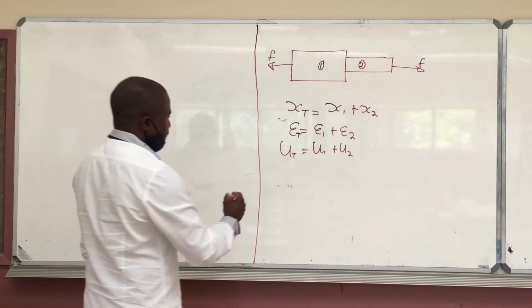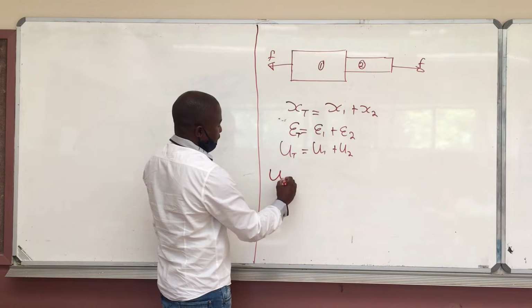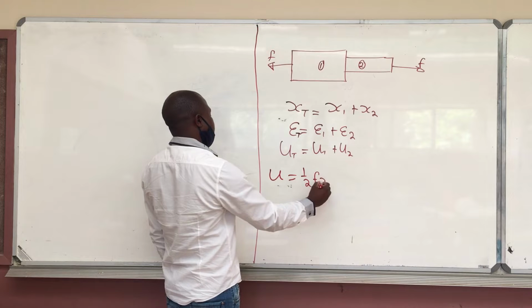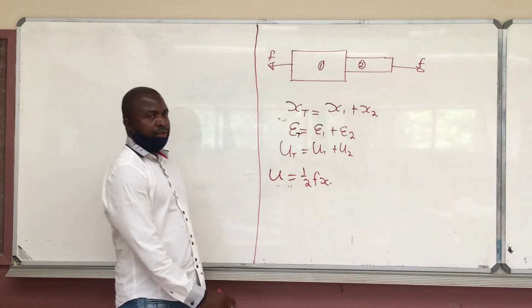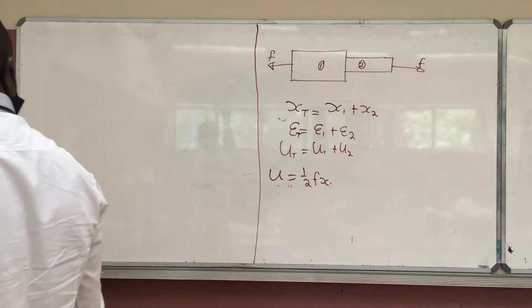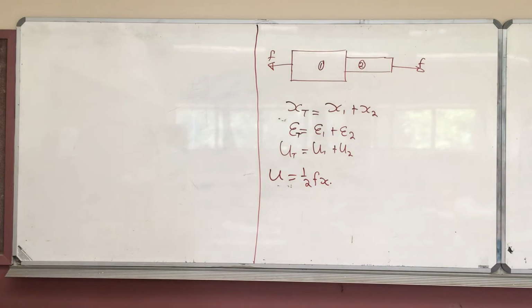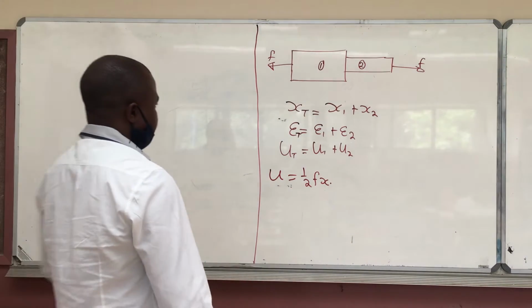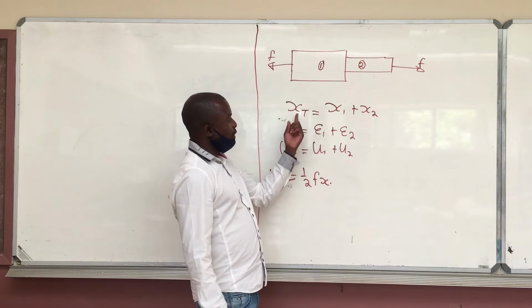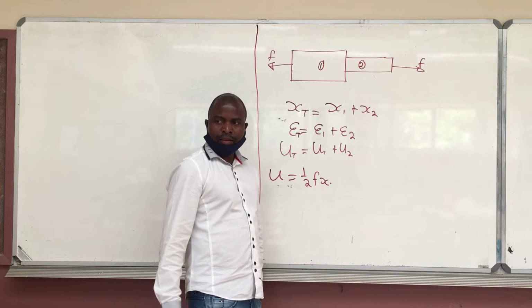So strain energy is equal to 1 over 2 Fx, force times change in length. This one will be the total change in length.